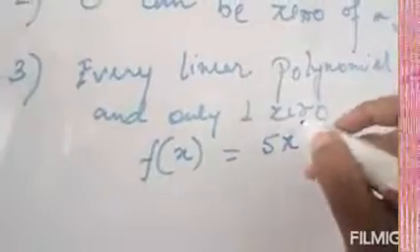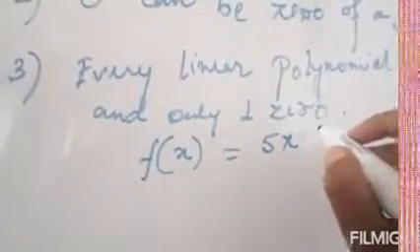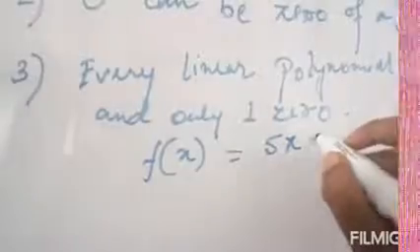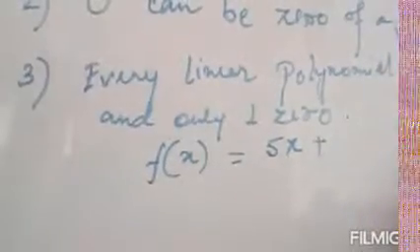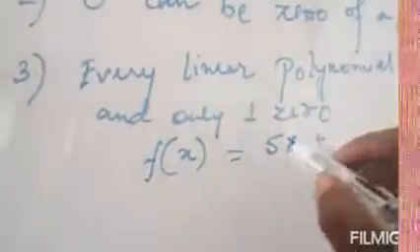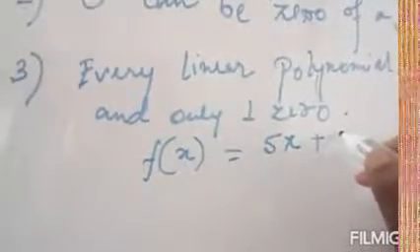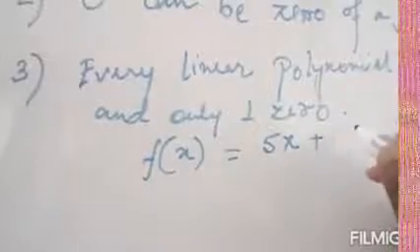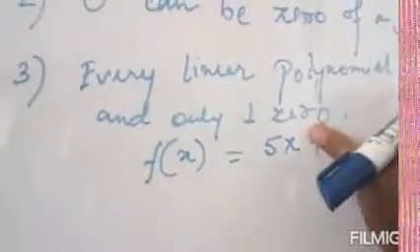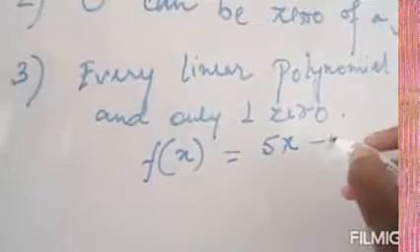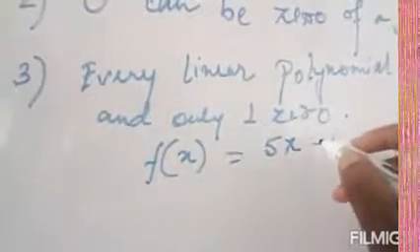If I write 5x square, it becomes degree 2. So linear polynomial means it will have degree 1. So suppose I have 5x here, and here I have minus 5.